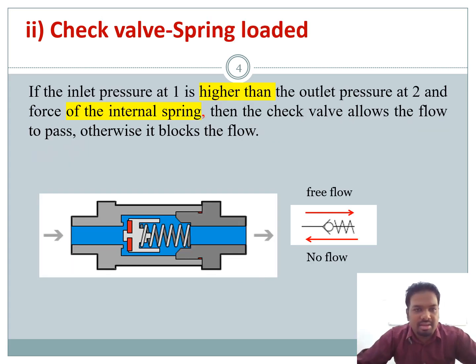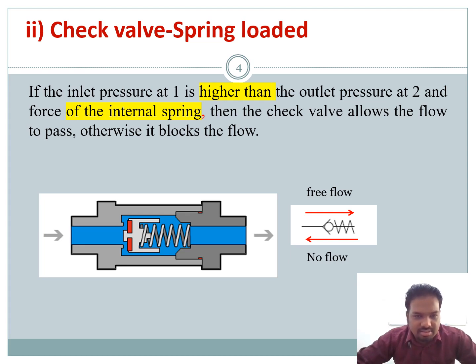The second type is the check valve with spring loaded, meaning one side will be spring loaded. When you have a flow, it will push this part against the spring and the flow will be allowed. If the flow is coming from the opposite direction, it will be blocked by the plate.